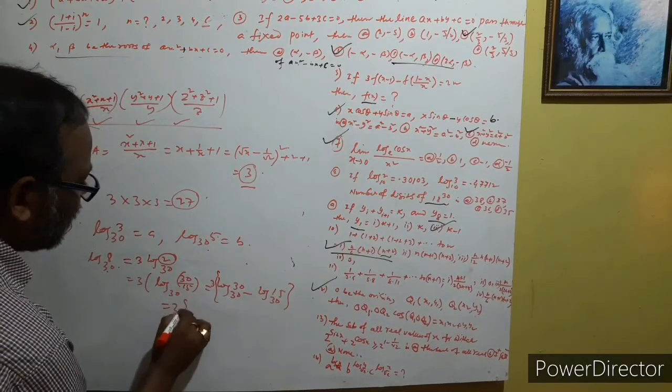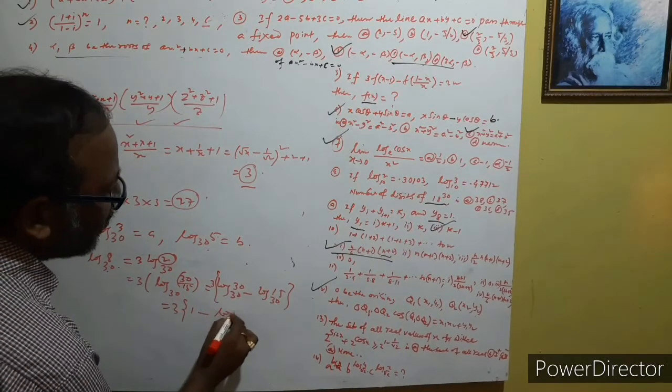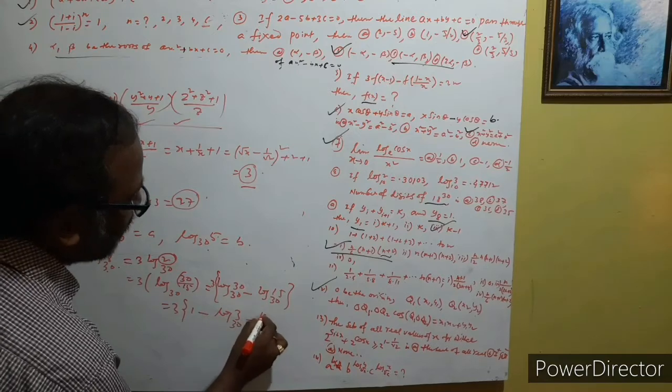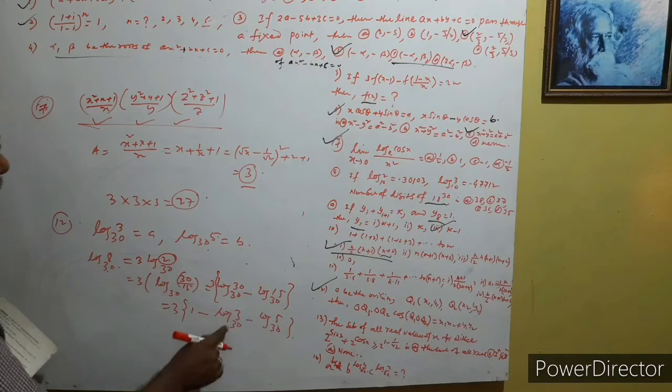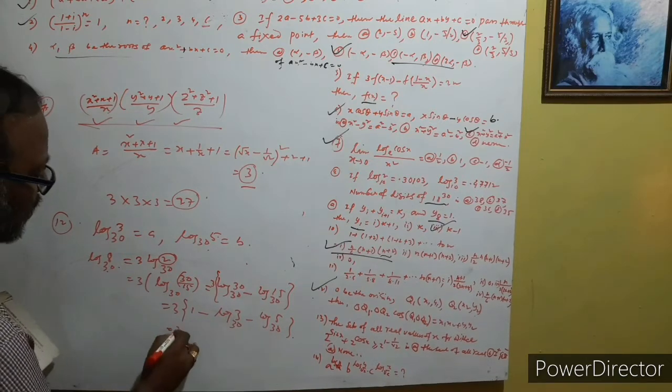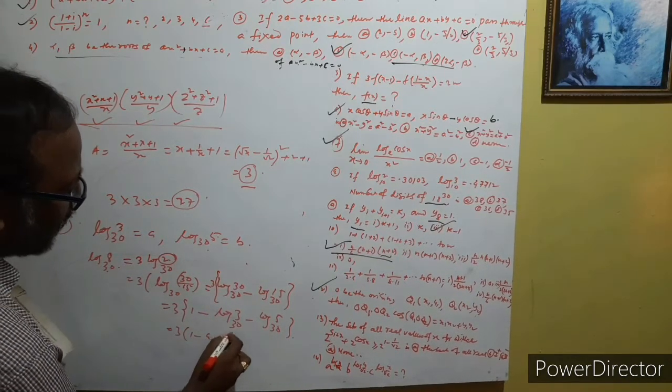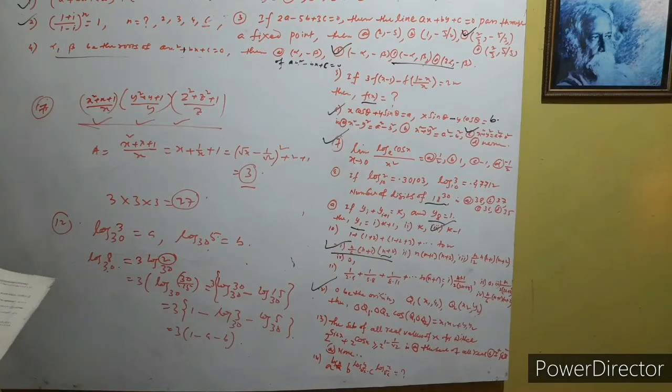This is 1 minus log 3 base 30 minus log 5 base 30. So this is 1 minus a minus b. I think all of you have better understood this question.